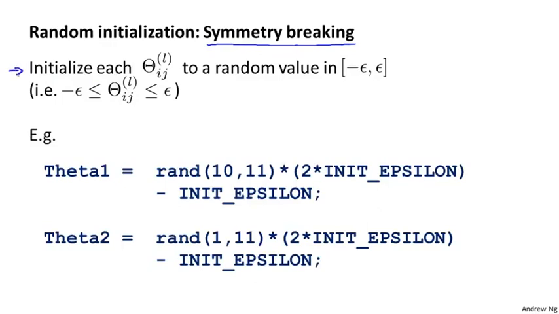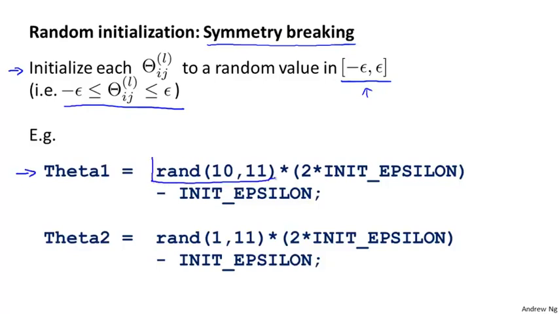So what we do is we initialize each value of theta to a random number between minus epsilon and plus epsilon. So my weights, or my parameters, are all going to be randomly initialized between minus epsilon and plus epsilon. The way I write code to do this in Octave is I might set theta1 to be equal to this.